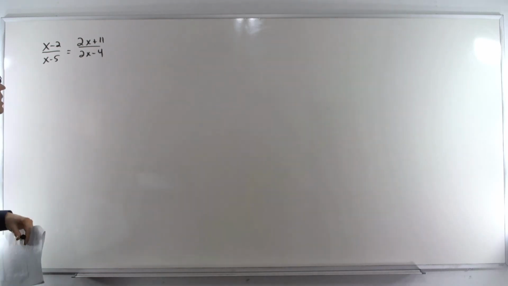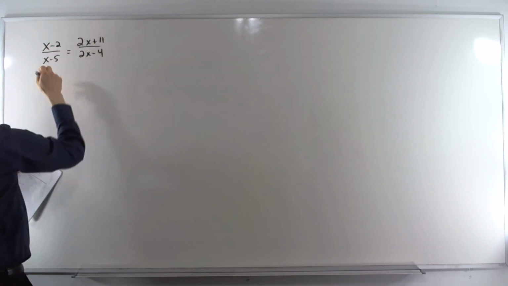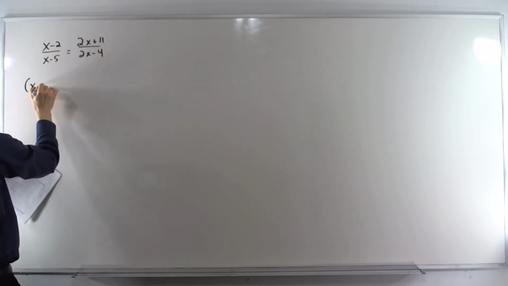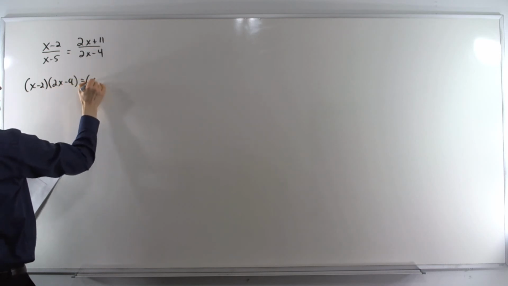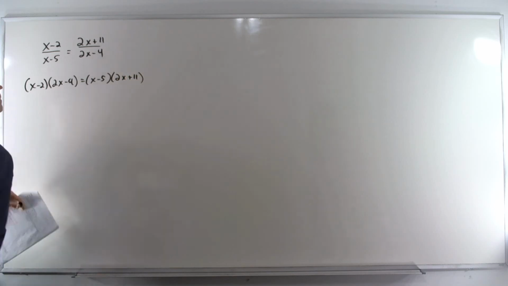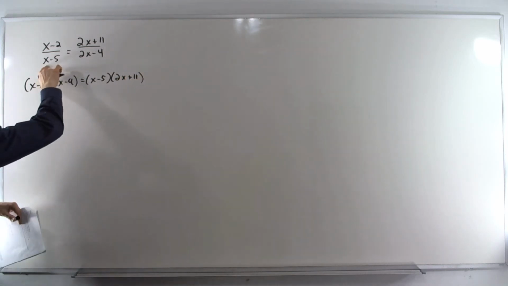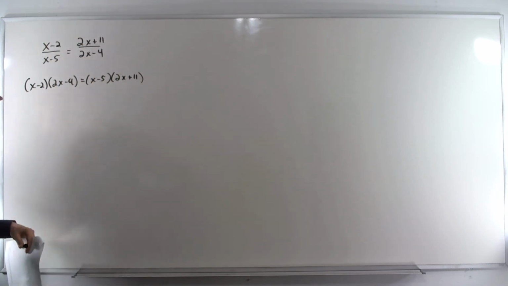So with this proportion, since we have all binomials, when we cross multiply, we're going to need to FOIL. All right, so we got x minus 5 times 2x plus 11 on one side, x minus 2 times 2x minus 4 on the other.